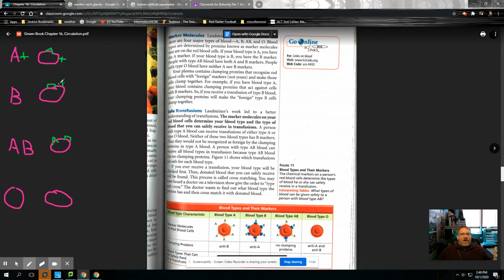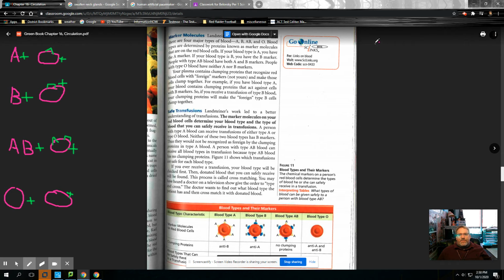If this blood also has the protein, well, then this blood is called B positive. If this blood also has the protein, this is AB positive blood. And let's say if this blood also has the marker, then this is O positive. Now, there are bloods that are missing that special protein.